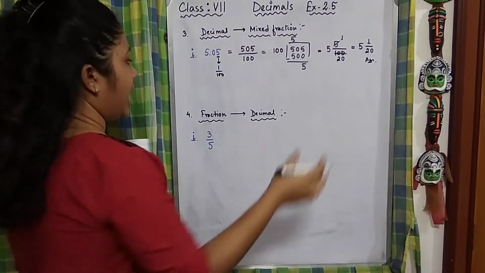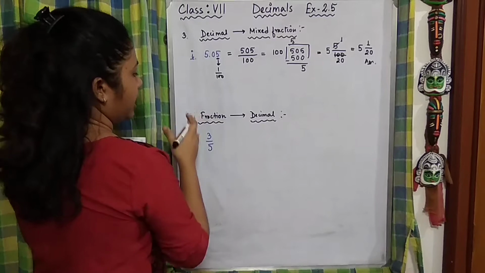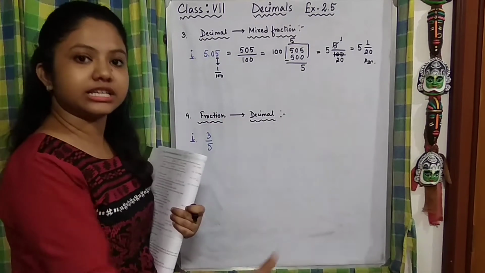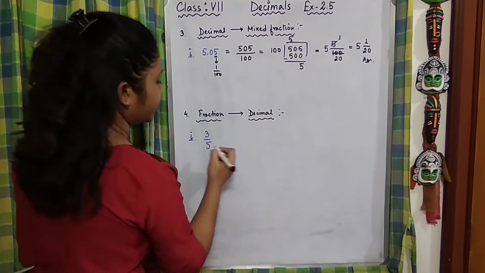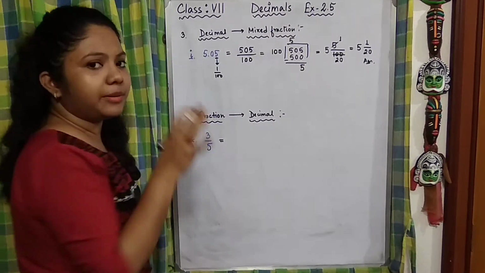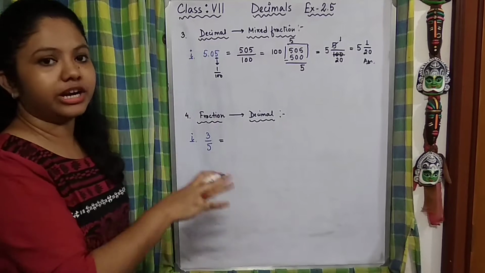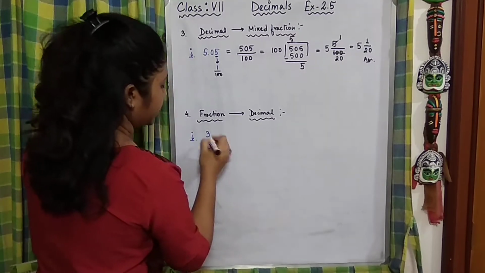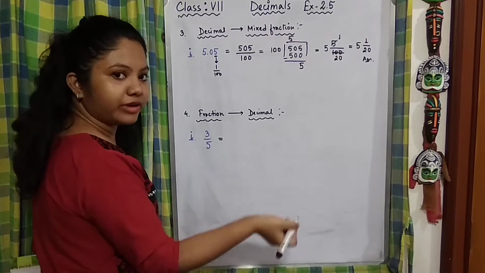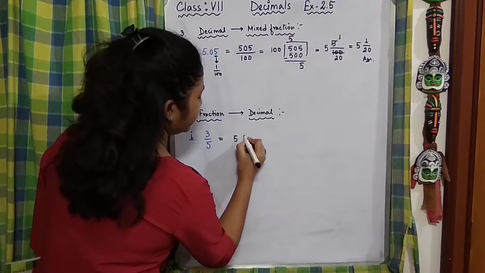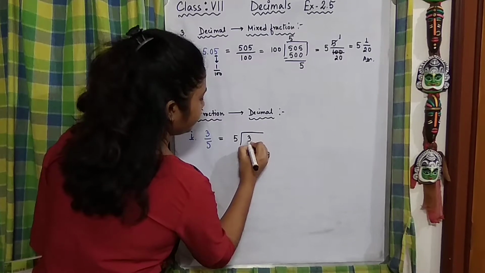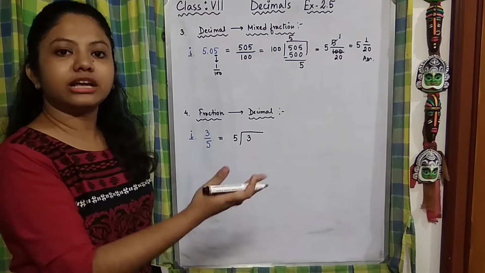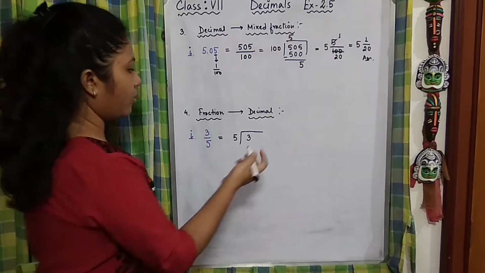Alright. After that, look at this number 4, where we are going to convert a fraction into its decimal form. Now how do we do that? We simply divide the numerator by the denominator. So here see, the number 1 gives 3 by 5. Now we are going to put it in the same way. Now see, the divisor is bigger than the dividend, right? So we have to borrow.